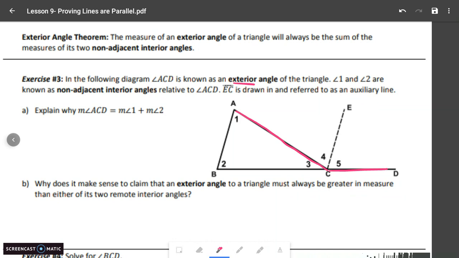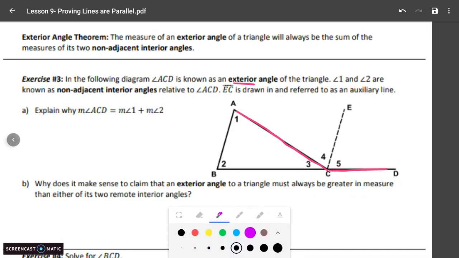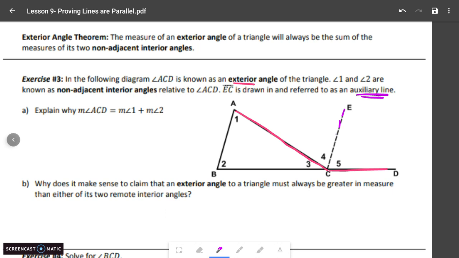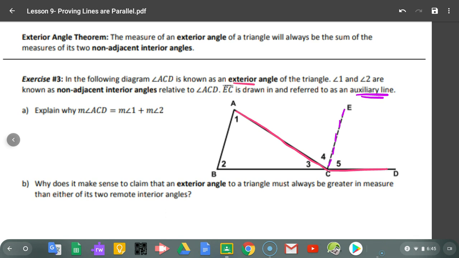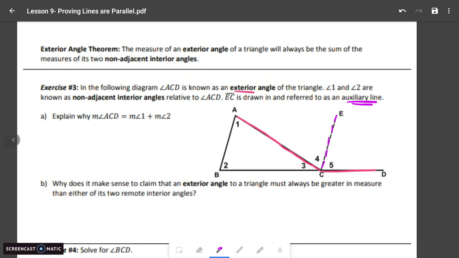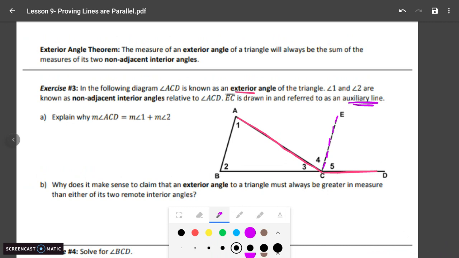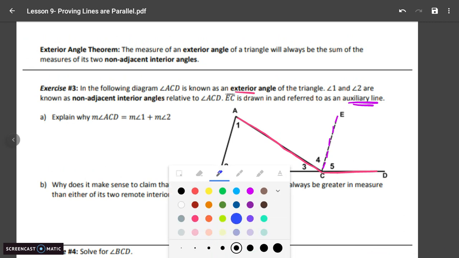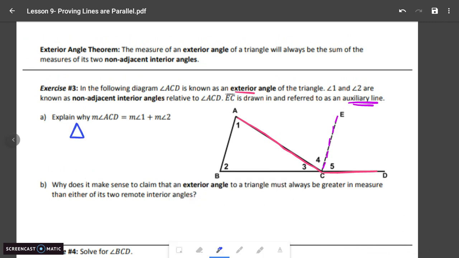And we drew in this auxiliary line. So from time to time, we draw in a line to be helpful to us. Remember, that's possible. We want to explain why the measure of angle 1 plus angle 2 must be equal to ACD. To look at this, there's 2 things that we know for sure. If I'm just thinking about what we know, I know the angles of a triangle add to 180 degrees.